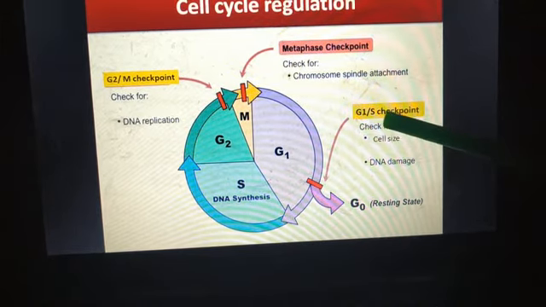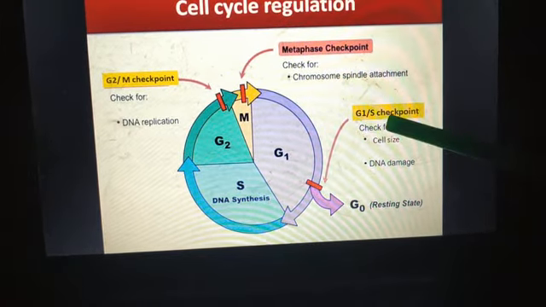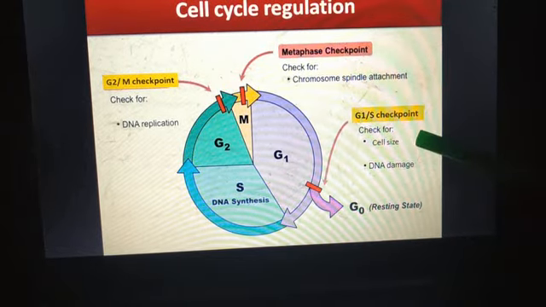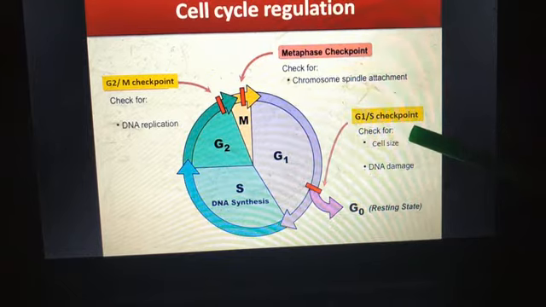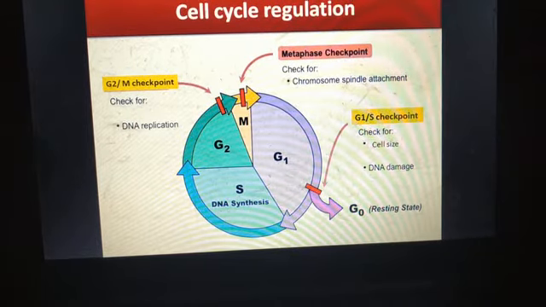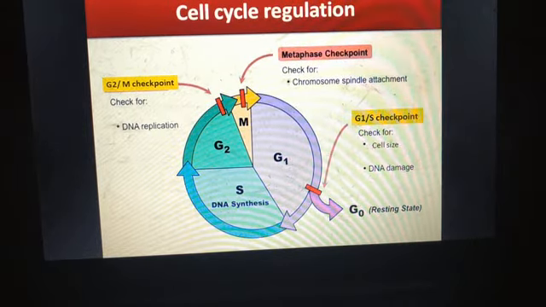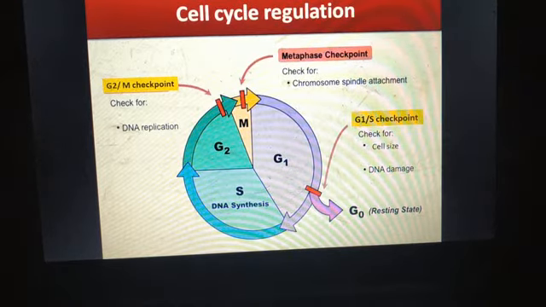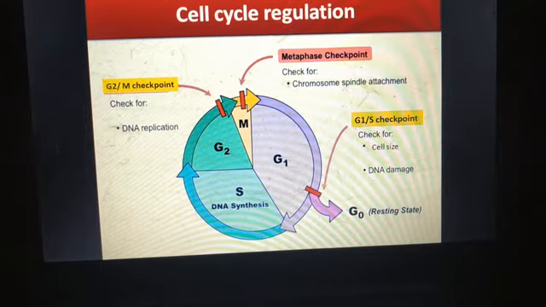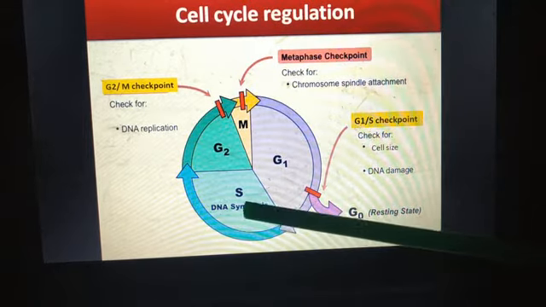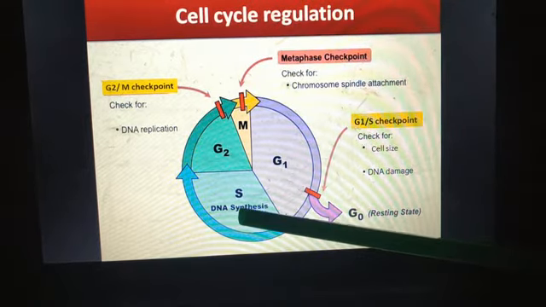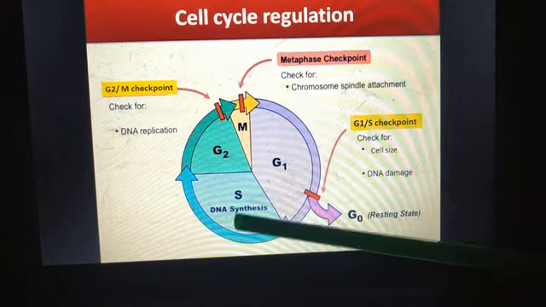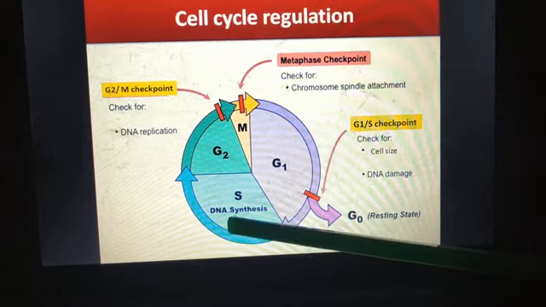At the G1 or S checkpoint, the cell size is monitored. The cell will monitor the size of the cell, and it will also check whether the DNA is proper or not, because in the next phase, the S phase, the cell will undergo DNA replication.